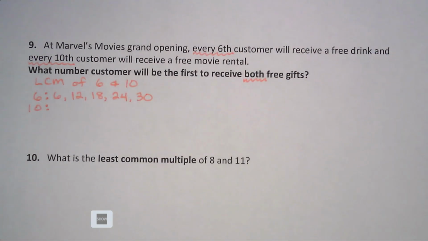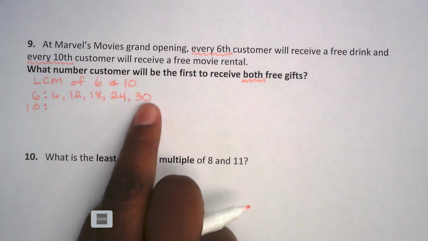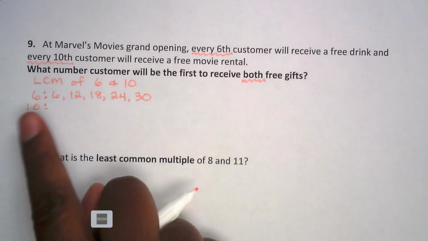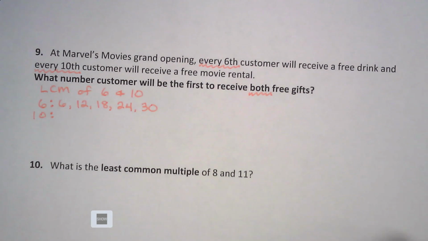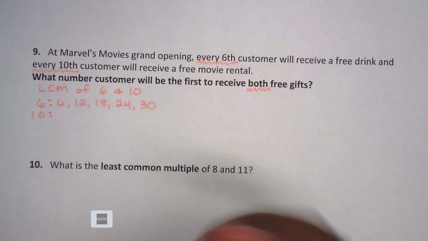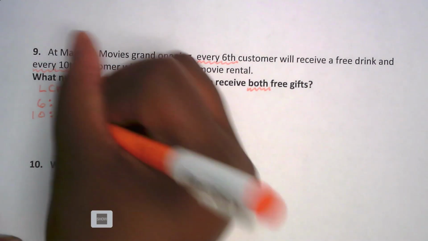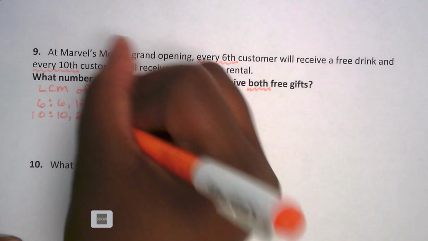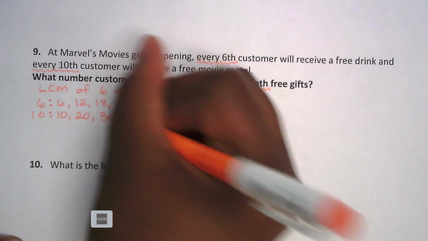And I'm going to stop there because I know that my 10, I can multiply 10 to get to 30. So now let's go ahead and list the multiples of 10. 10 times 1 is 10, times 2 is 20, times 3 is 30.